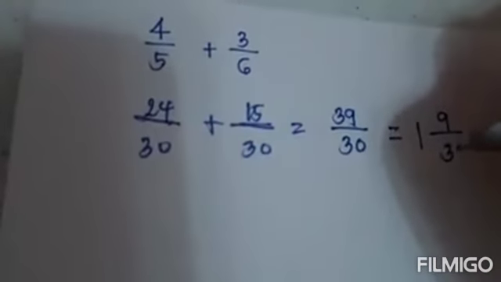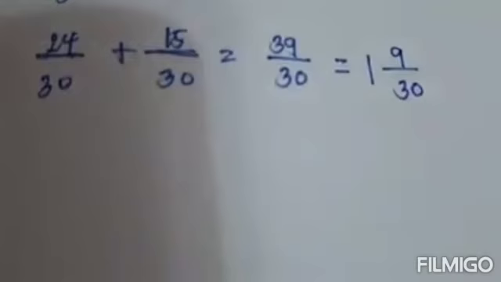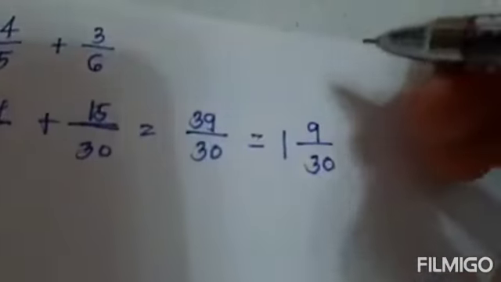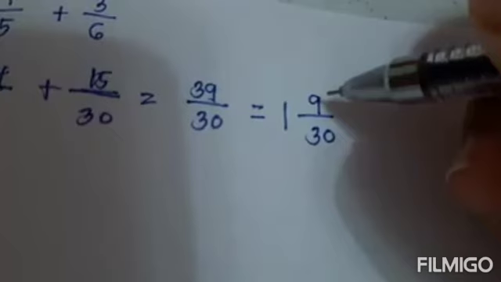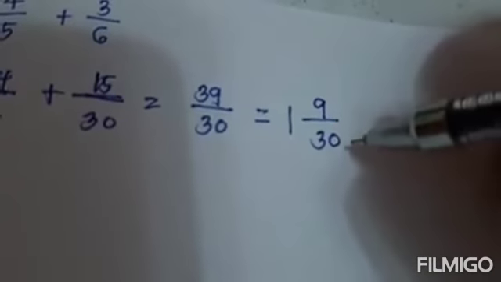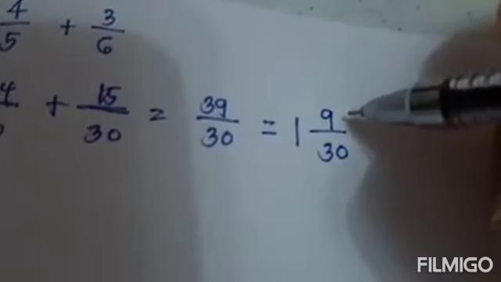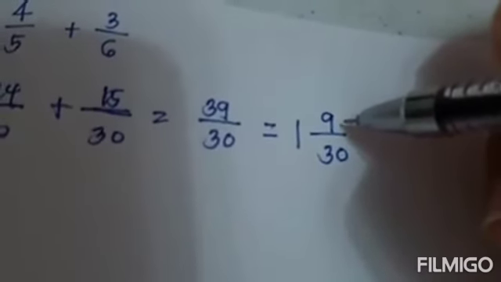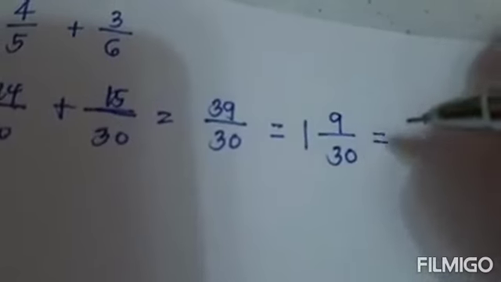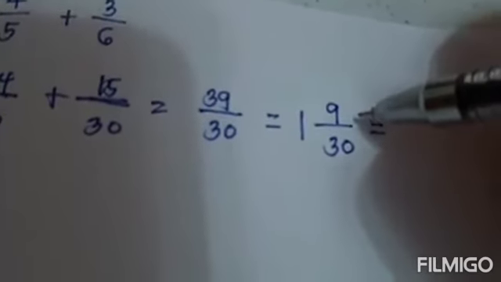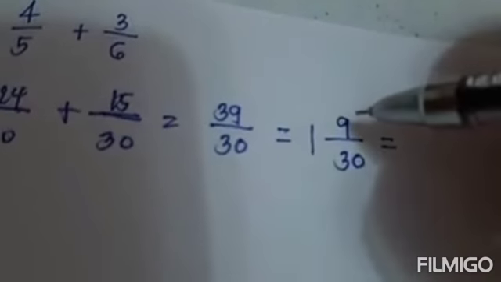Then copy the denominator. Okay, but before you finalize your answer, my dear students, you have to examine first your fraction. You have a numerator which is 9 and a denominator which is 30. Looking at this, you examine whether there is a number that can divide both 9 and 30. If there is, then you have to convert this to the lowest term.